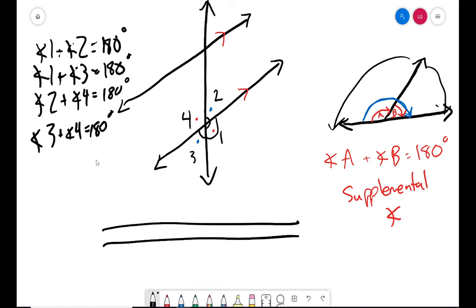Okay. Then quickly, hopefully you can see up here, we have something somewhat similar happening. That angle and this angle are supplemental. This angle and this angle are supplemental. That angle and this angle are supplemental. Similar set of 4 pairs of supplemental angles.